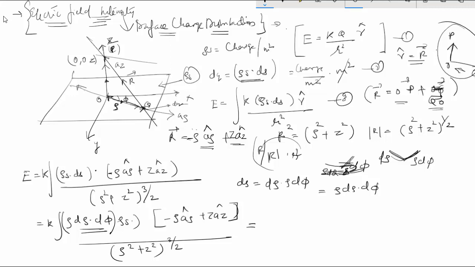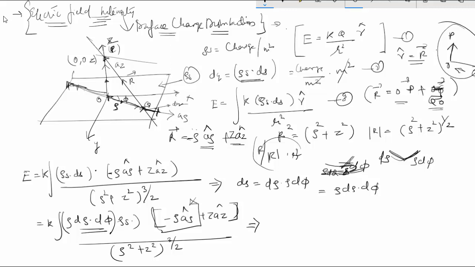This is the next step: the component in whatever you are having is in the z direction, so you are not having anything in the rho direction, because if there is a field due to the rho direction in this direction, there will always be an opposite field in this direction, so it will cancel out. So this total part will cancel out in this case, and your final equation will be only in the form of z.